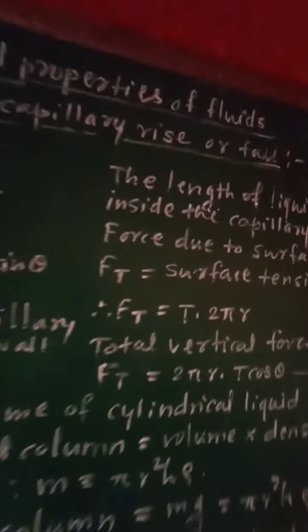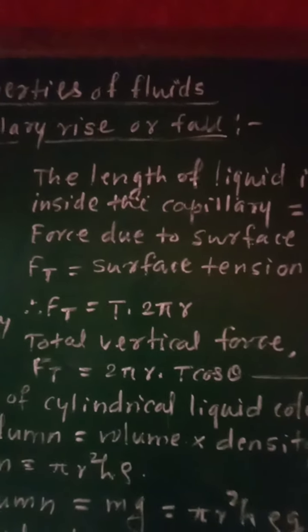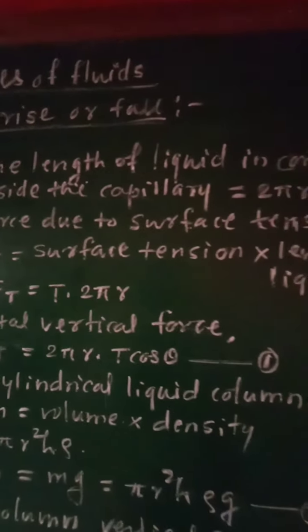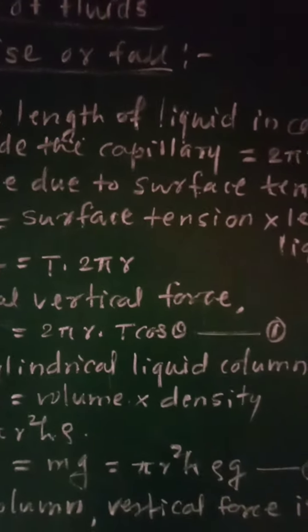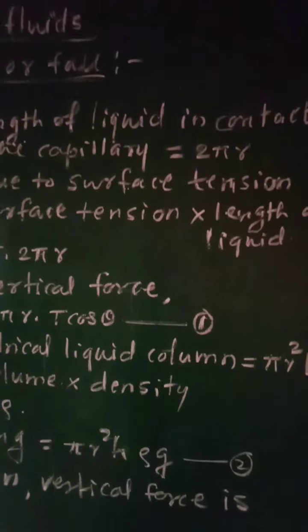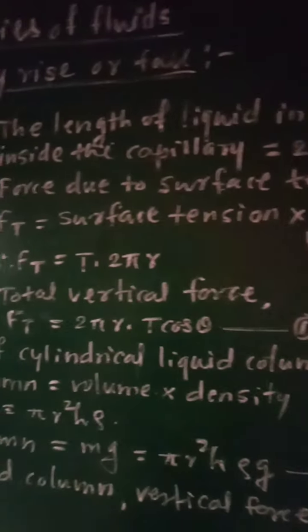And therefore, in order to derive that relation, the length of liquid in contact inside the capillary will be equal to 2 pi r, that is circumference of the capillary.